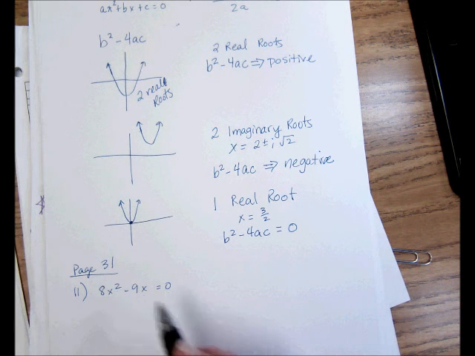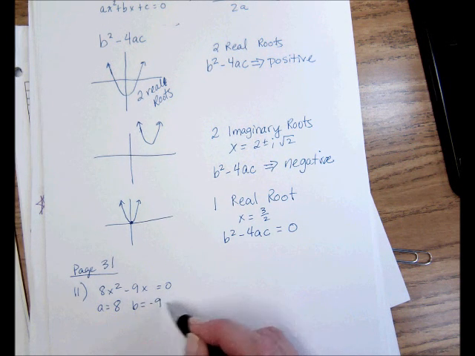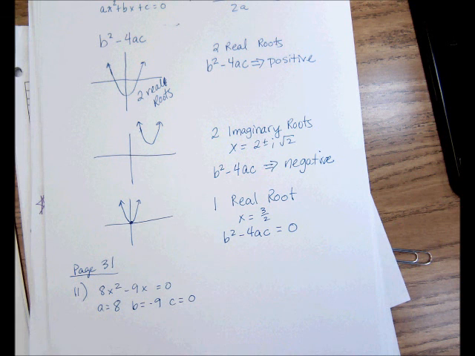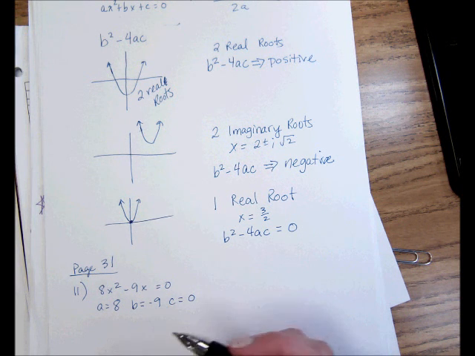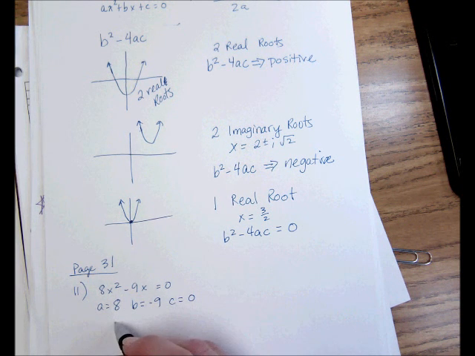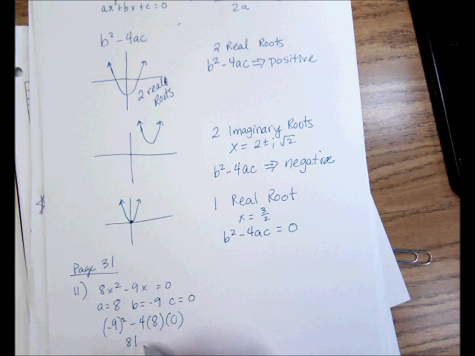In this situation, a is equal to 8, b is equal to negative 9, and c is equal to 0, because there's no c term. So I know c is equal to 0. So I plug it in. For b squared, it would be negative 9 squared minus 4 times a times c. In this case, 81 is going to be my answer.